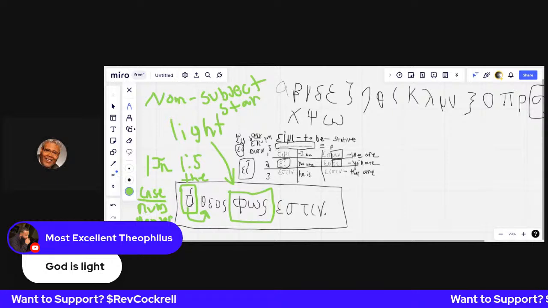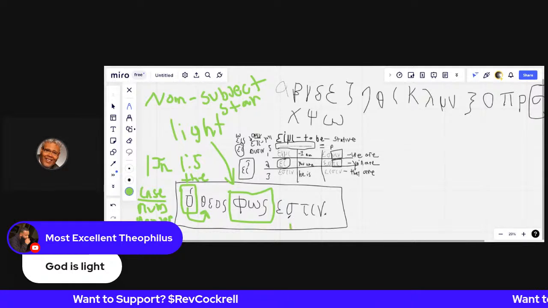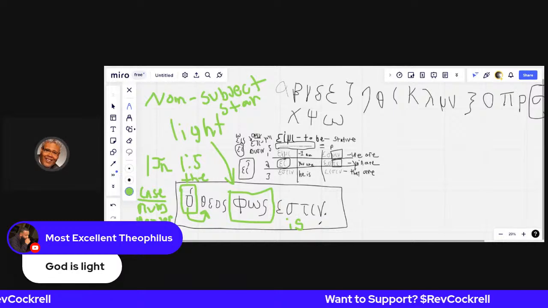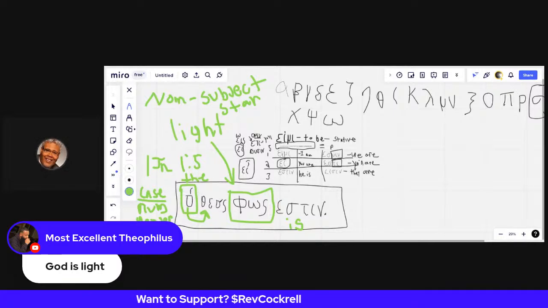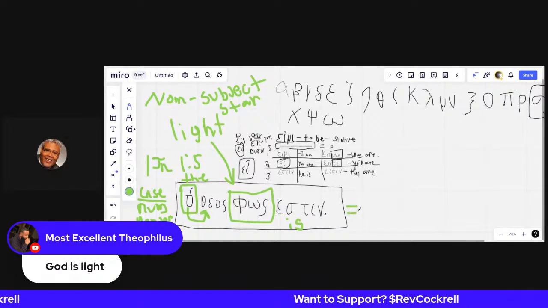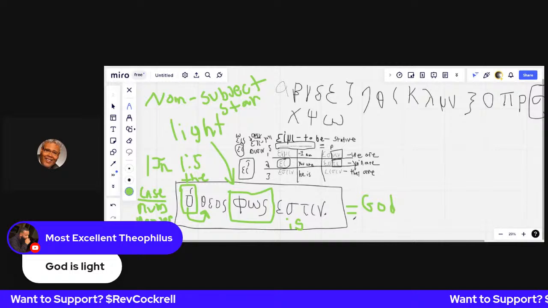So literal would be "the God light is." Smooth it out. You don't have to translate the article because we know God is a proper noun type of thing. So God is your subject.